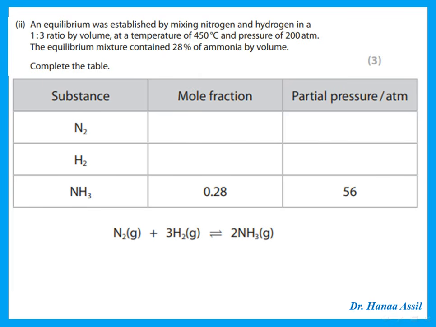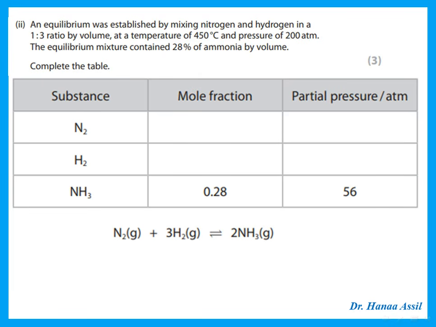Then he says an equilibrium was established by mixing nitrogen and hydrogen in a 1:3 ratio by volume at a temperature of 450 degrees Celsius and pressure 280 atm. The equilibrium mixture contained 28% by volume.